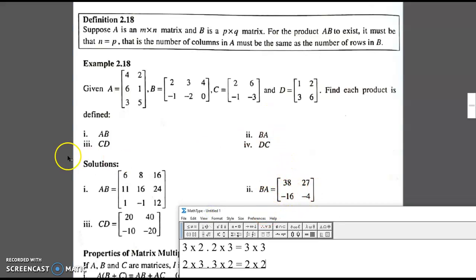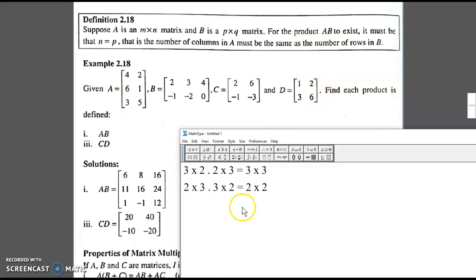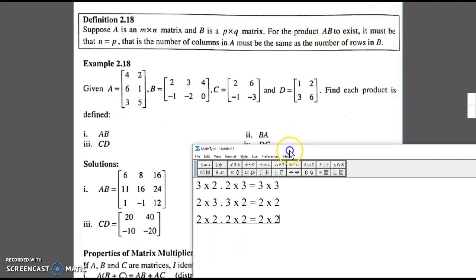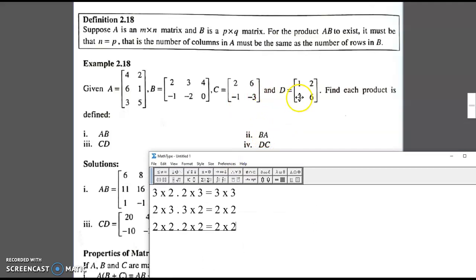Now let's check on CD. C and D are both 2 by 2, so it is the same, and the expected order will be 2 by 2. And lastly, DC.